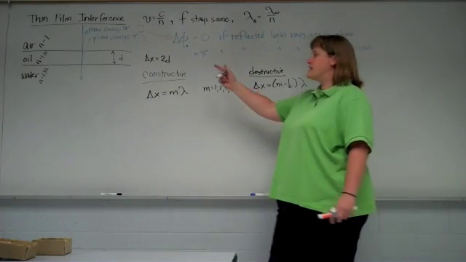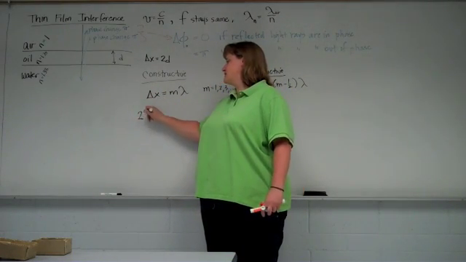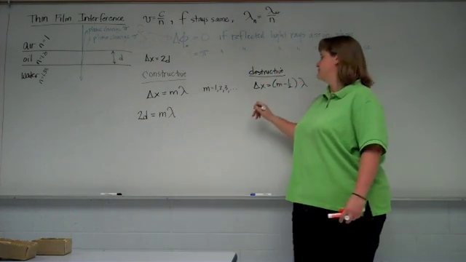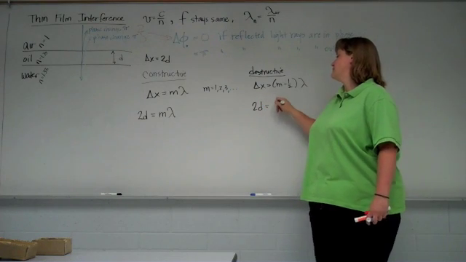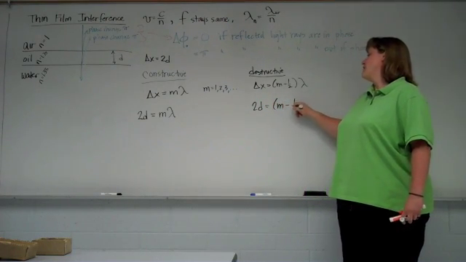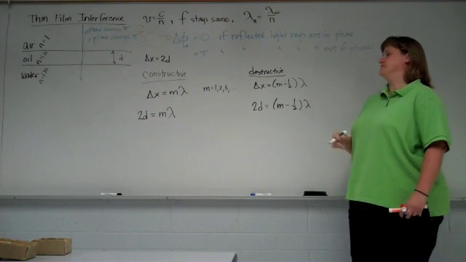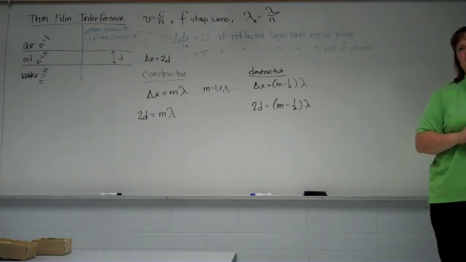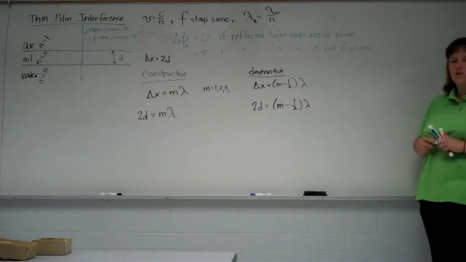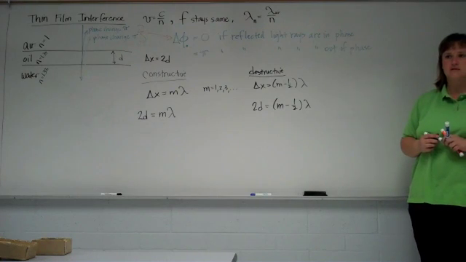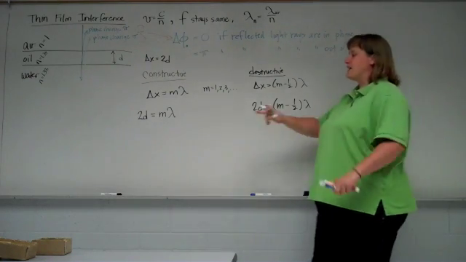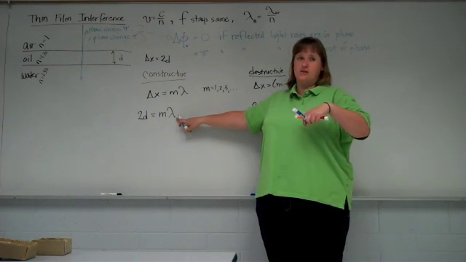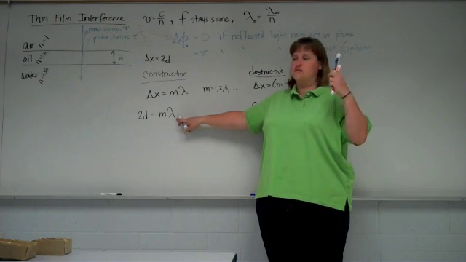Okay, so let's go ahead and put 2d in for delta x. Now we're still not quite done. That extra distance the wave is traveling is in the oil layer. This wavelength is going to be, in the oil, smaller or shorter than it was out in the air.